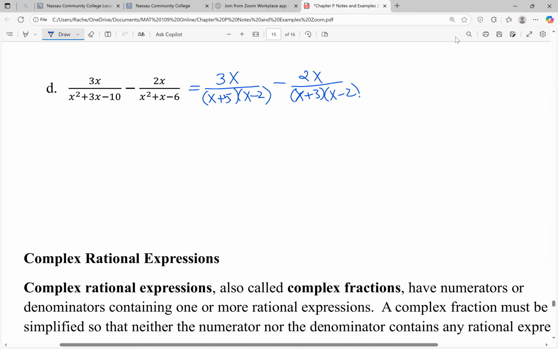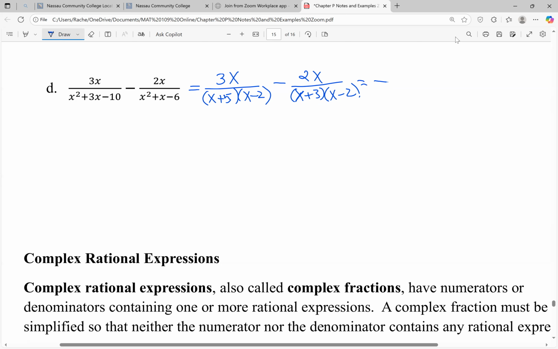The denominator on the right has two factors, x plus 3 and x minus 2. So there's three different factors that I see all together, an x plus 5, an x minus 2, and an x plus 3. So we need to take the product of the different factors in order to come up with the LCD.